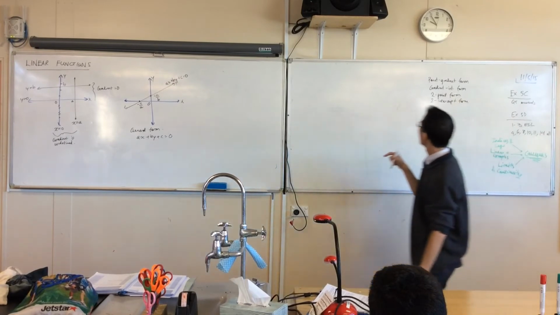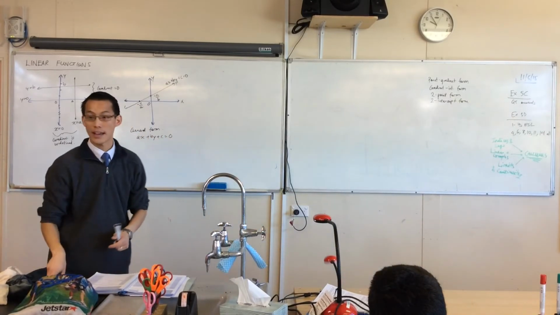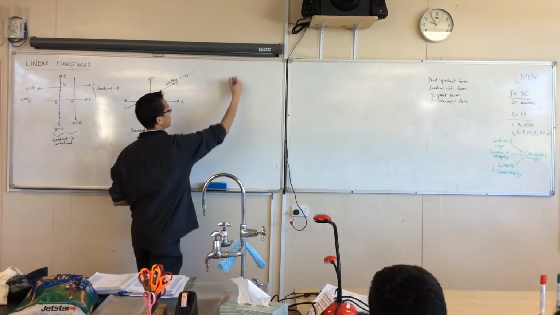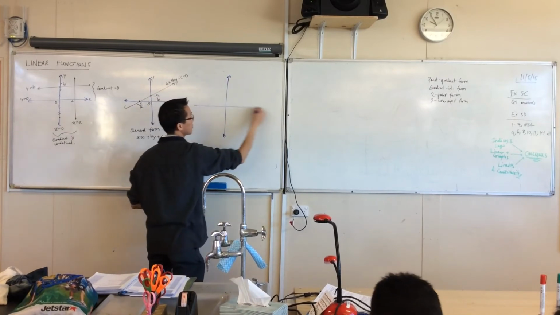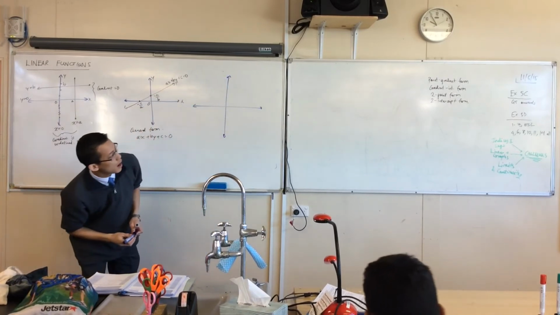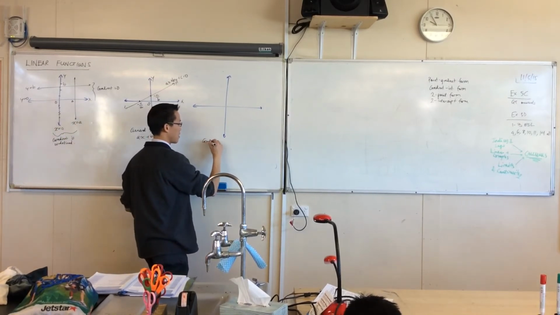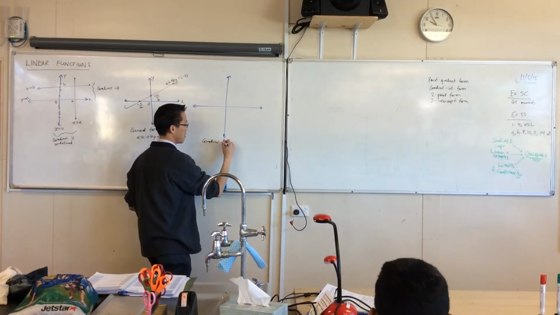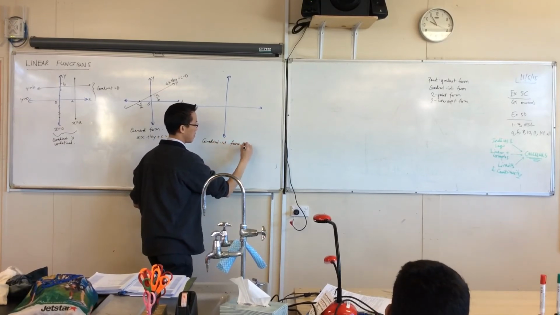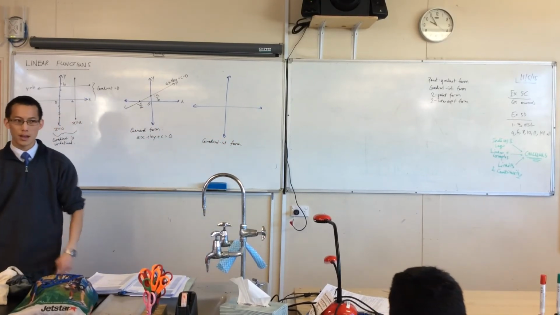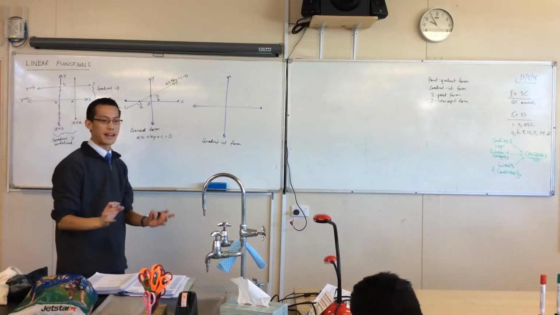Okay, so what we'll do is a set of axes for each one. Let's do gradient intercept. Now you know what the form is. It's been drilled into you quite thoroughly by now, and you guys are good at it.